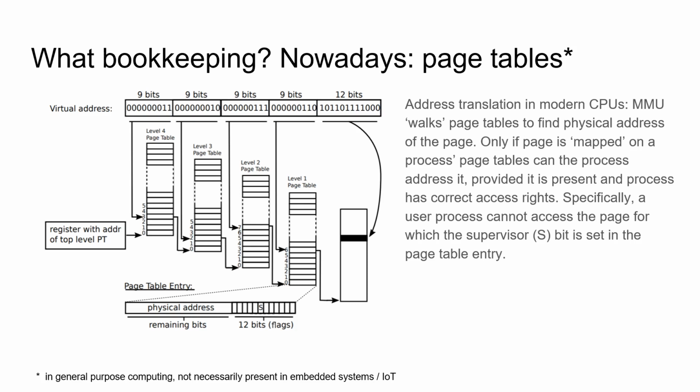Of each page table entry of 64 bits, a number of bits are unused. So there's a physical address that is there, which points to a page. That means that there are 12 bits not used. One of those bits is the supervisor bit, and that determines whether or not you're allowed to access the page from user space.